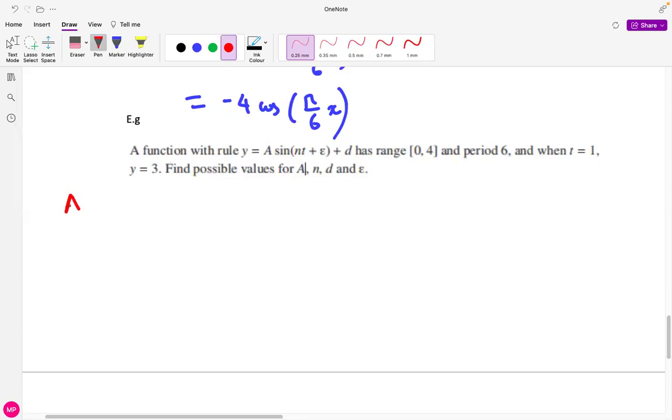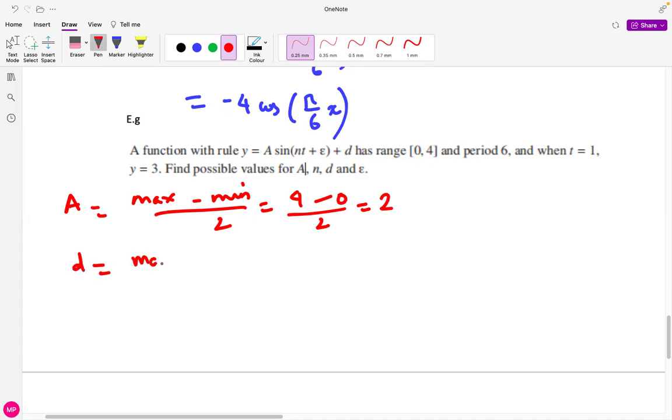A is maximum minus minimum divided by 2. Maximum is 4, minimum is 0, over 2, which is 2. We find D, so D is the midline, maximum plus minimum divided by 2. 4 plus 0 divided by 2 gives you 2.